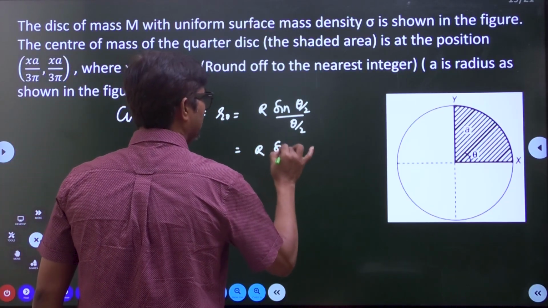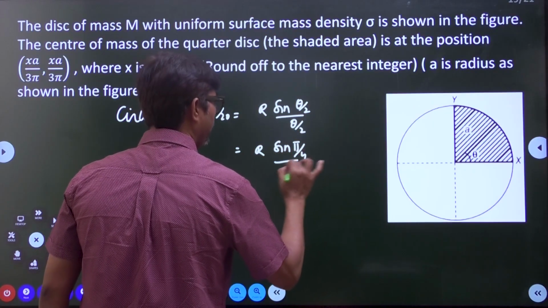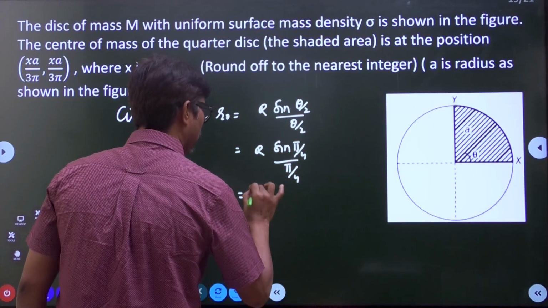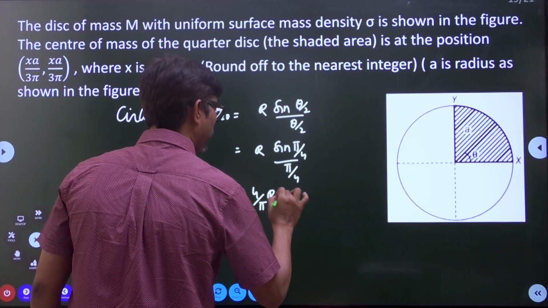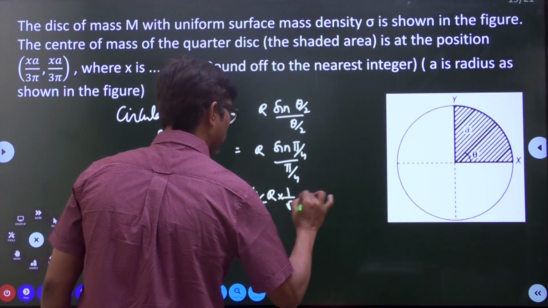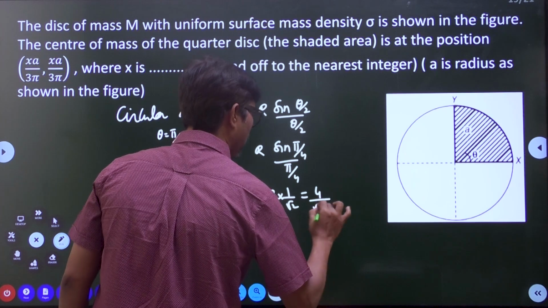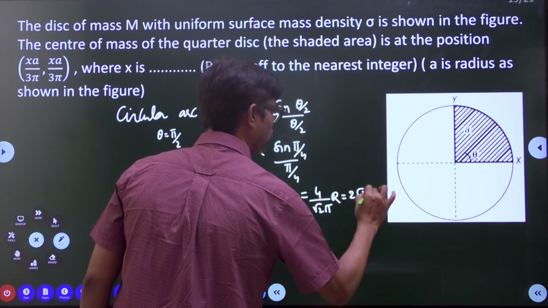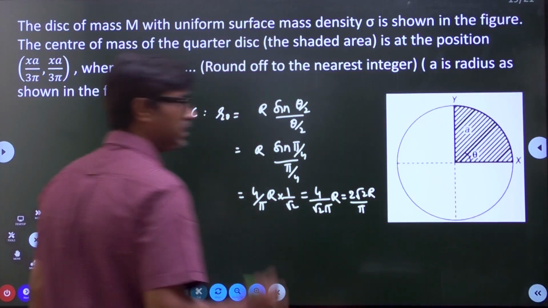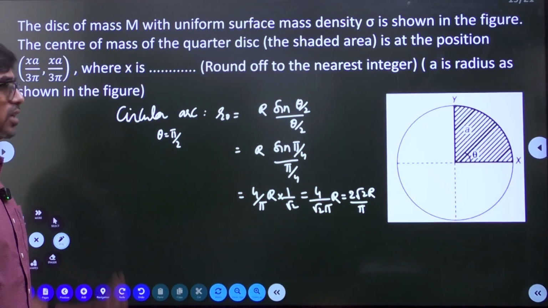R sine(pi by 4) by (pi by 4). That is 4 by pi times R into sine pi by 4, which is 1 by root 2. So you have 4 by root 2 pi into R, otherwise 2 root 2 R by pi. That is going to be the distance of center of mass if it is a circular arc.